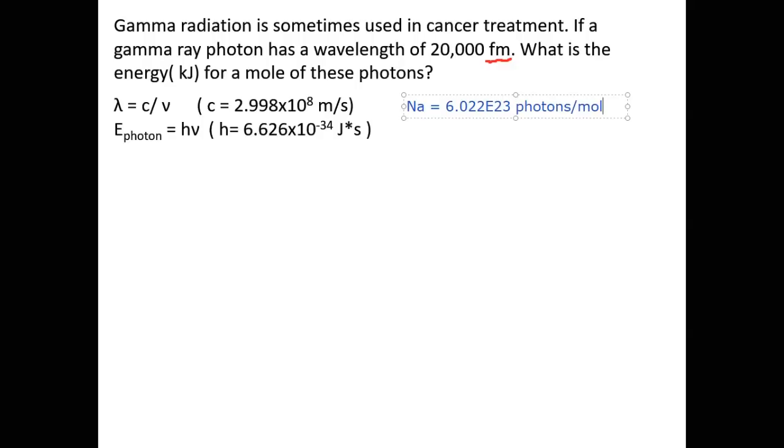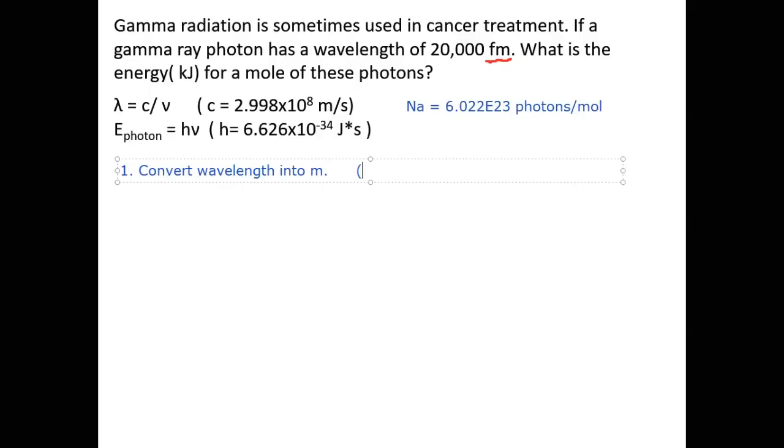So the first step is we need to take the wavelength and convert it into meters. So step number one, convert wavelength into meters. So how we're going to do this?